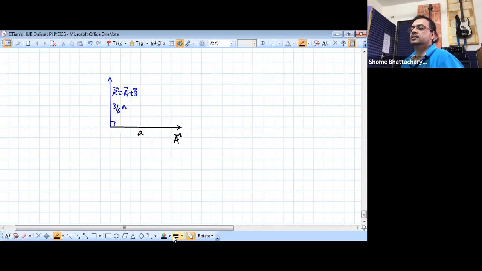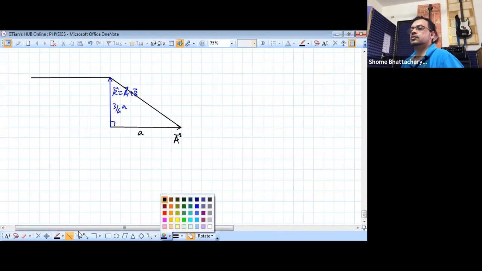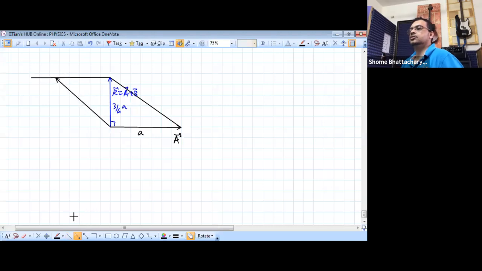So you'll realize that your vector B will have to be something like this. Just complete the parallelogram here. This is how your parallelogram has to look if it has to fit the given profile.